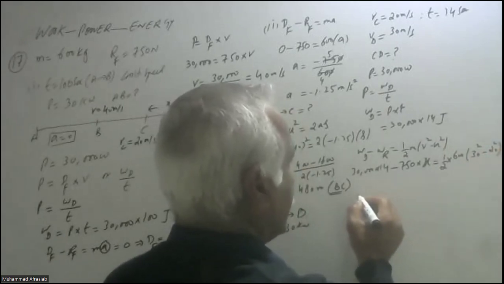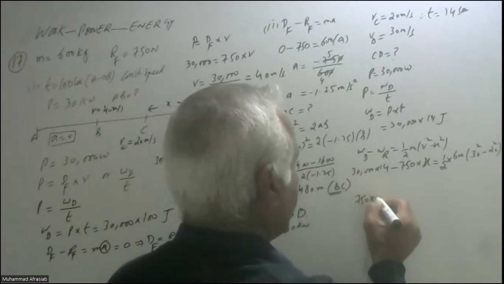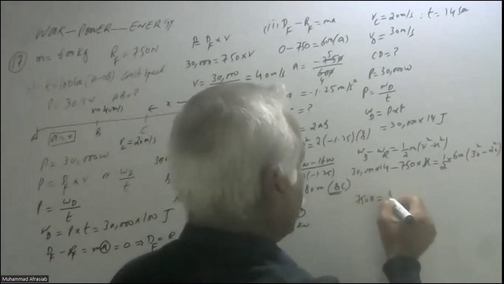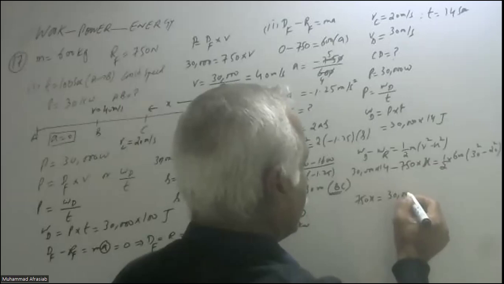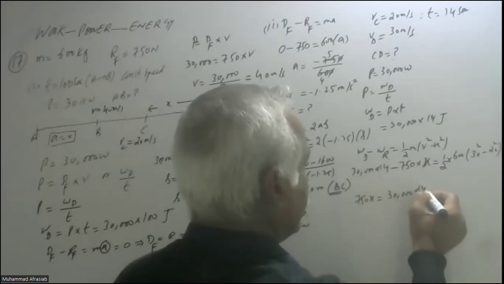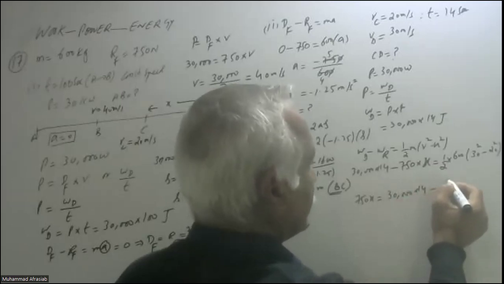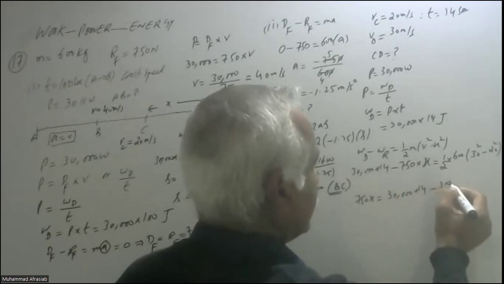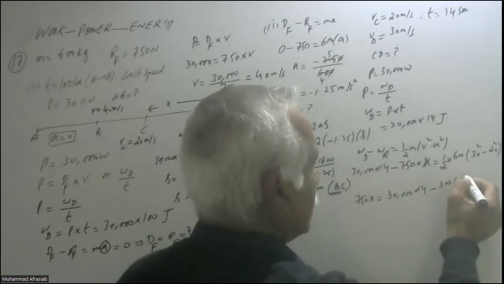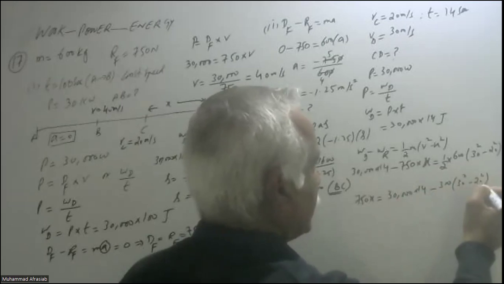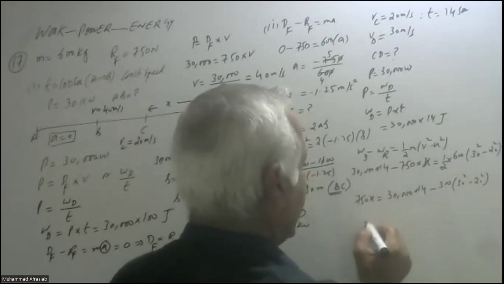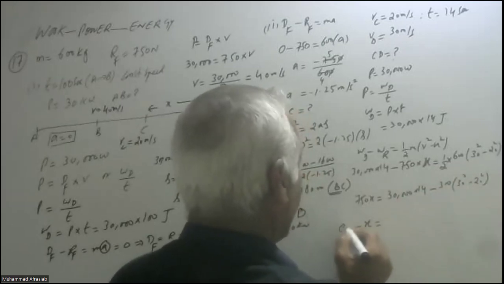Then 750 times x is equal to 30,000 times 14 minus 300 times 30 squared minus 20 squared.